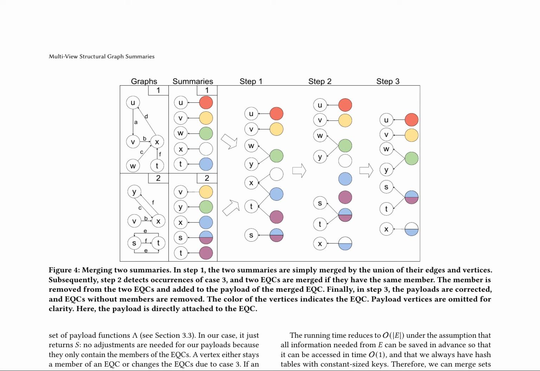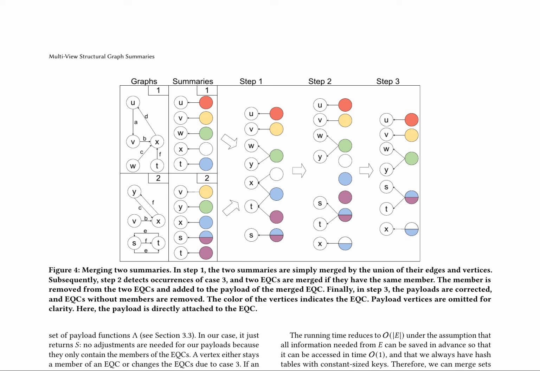The multiview structural graph summaries algorithm merges two summaries in 3 steps. Initially, step 1 combines the edges and vertices of the two summaries by taking their union, resulting in a time complexity of O(E) when utilizing a hash table. Step 2 detects occurrences of case 3, where two EQCs are merged if they have the same member.